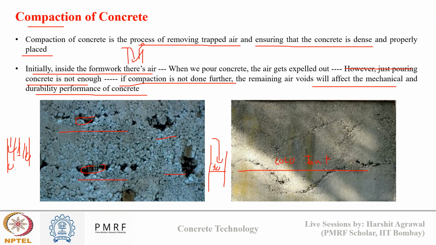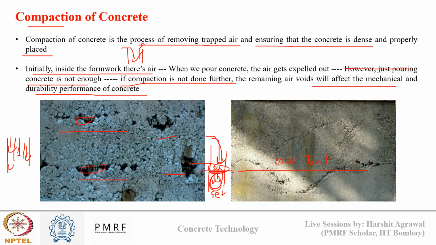Before my second set is poured, it doesn't mix well with the first set. Due to this halt, my first concrete that was poured will start to set. Now if, before pouring my second set of concrete, the first concrete starts to set and I don't do any compaction, what will happen?